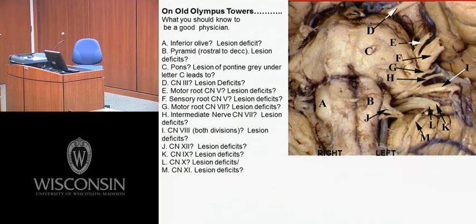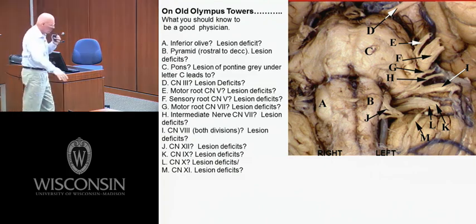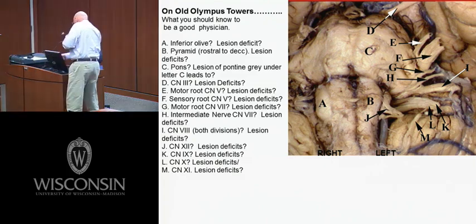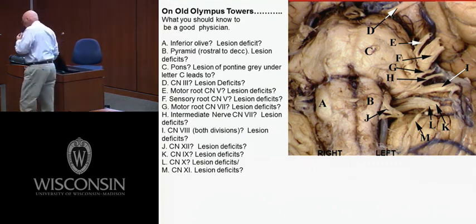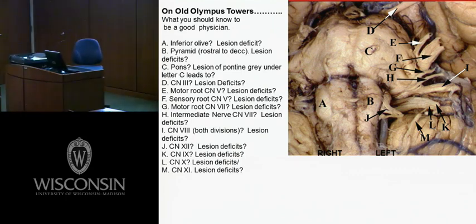This one is a killer. But I actually think this is one of the most exciting slides on the exam. Because for a guy like me who likes cranial nerves, and boy, I could teach a whole course right here.